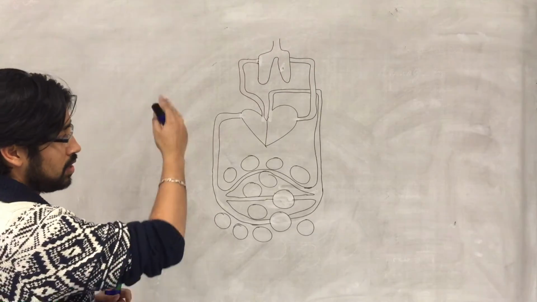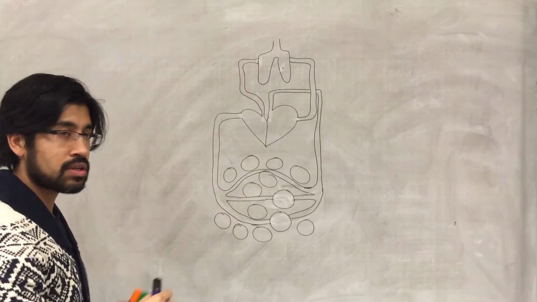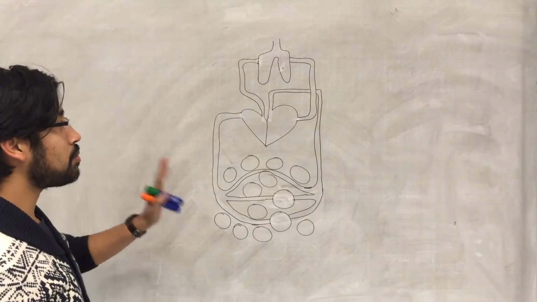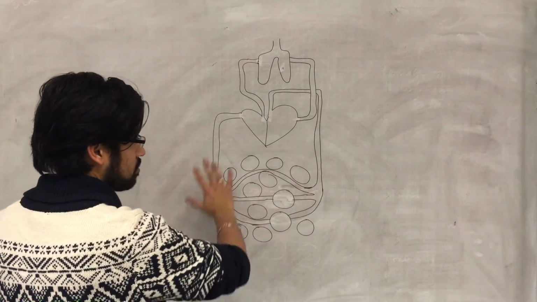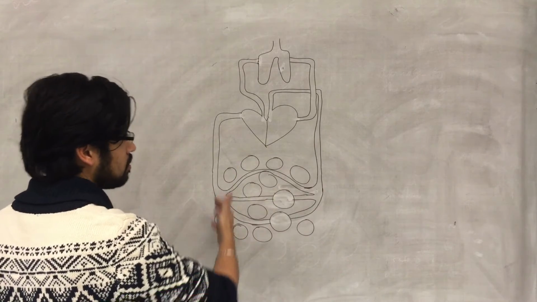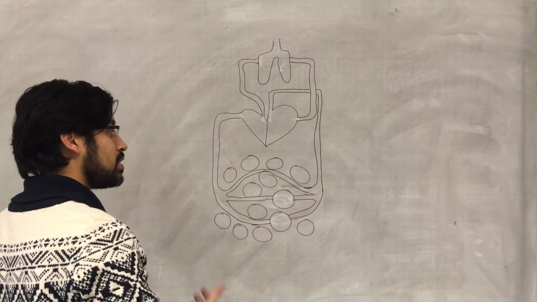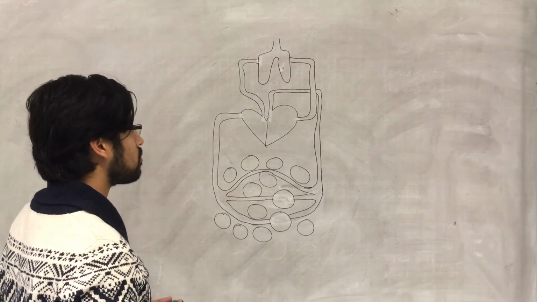So finally, we have the most efficient circulatory system, the double circulatory system, and we have cells indicated here which are demanding the oxygen, producing carbon dioxide to be removed.